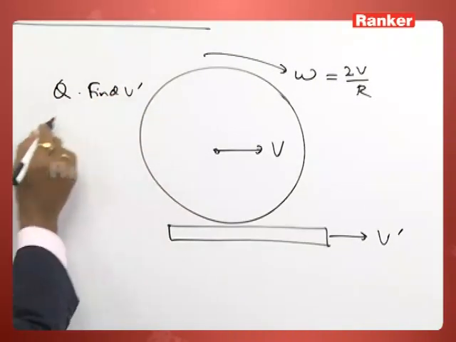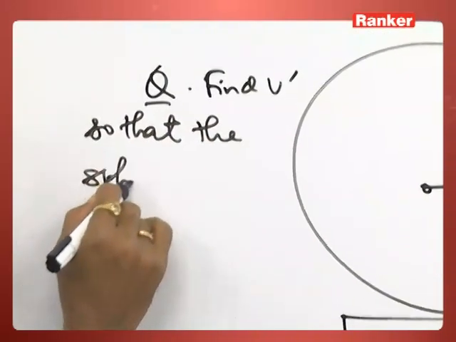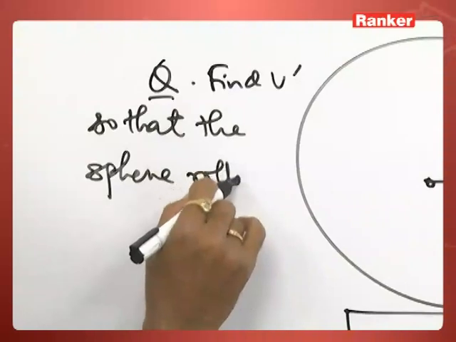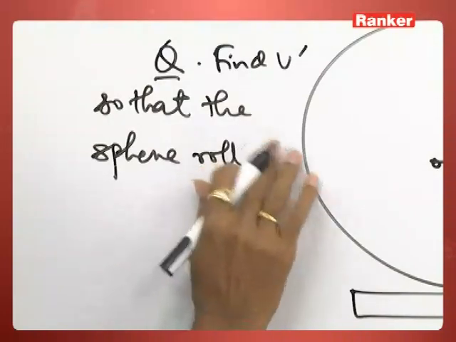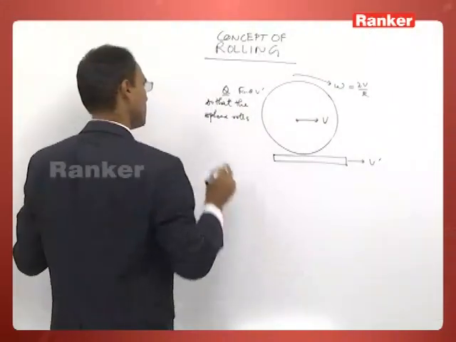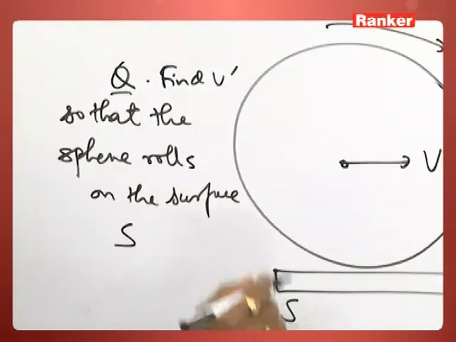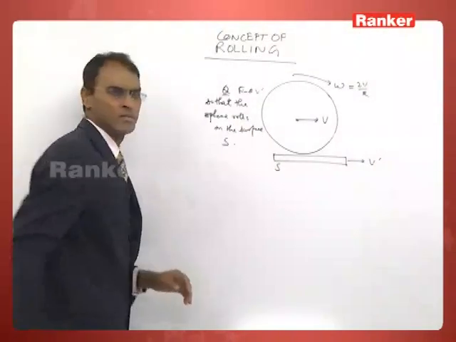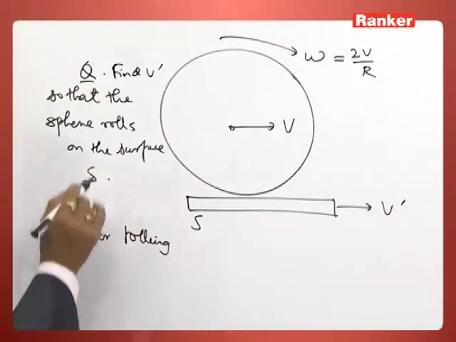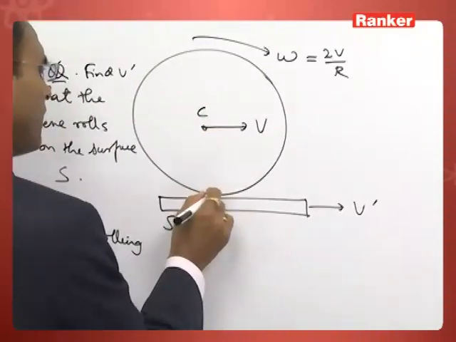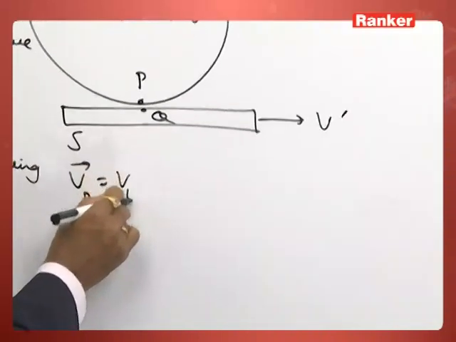Find V dash so that this sphere rolls on the surface S. For pure rolling, what is the condition? Suppose the center of mass C, this is P, this is Q. These 2 points must be having some velocity.